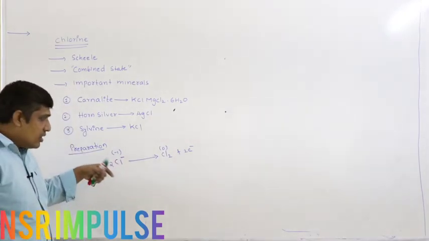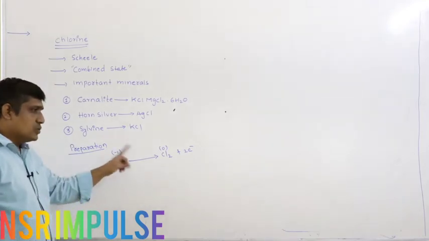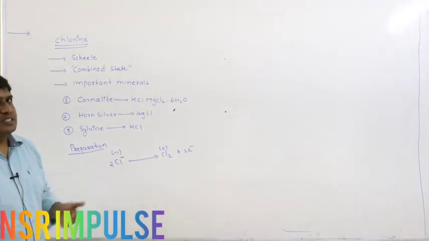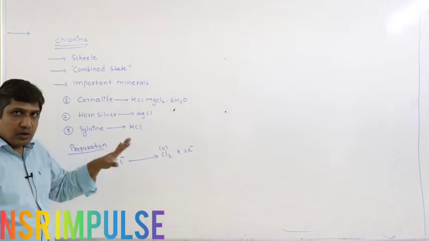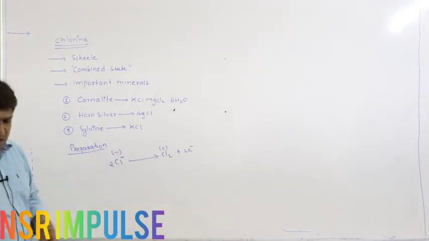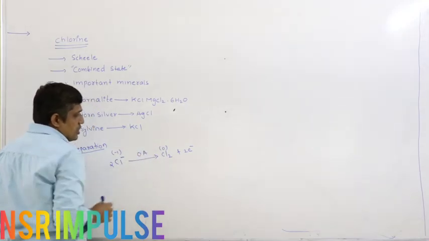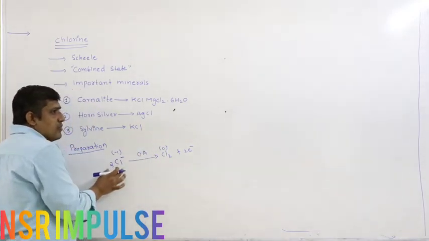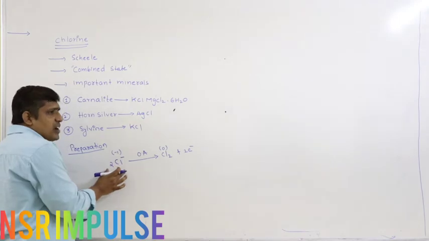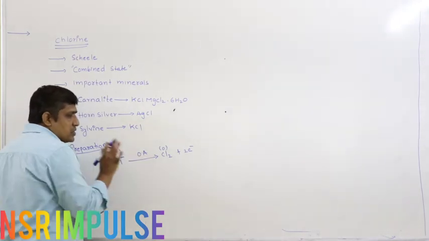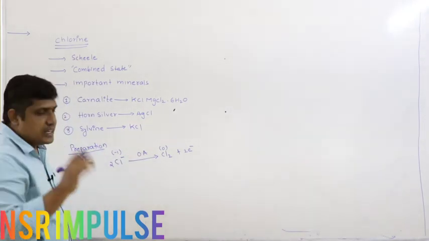The oxidation number is increasing, therefore Cl minus is undergoing oxidation. The oxidation is carried out in the presence of an oxidizing agent. So we take a chloride salt and treat it with a suitable oxidizing agent.